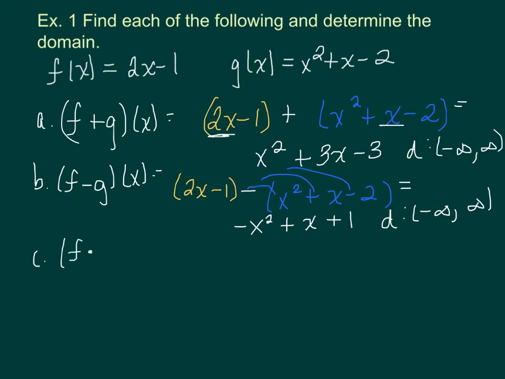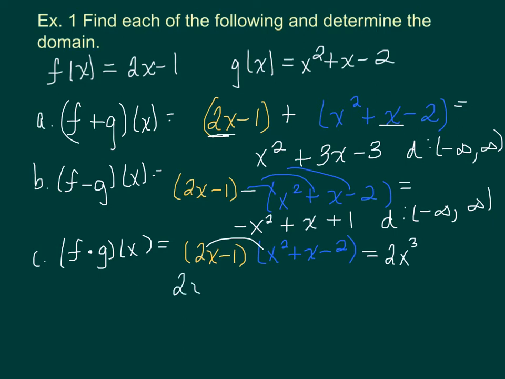Multiplication. I'm going to take 2x minus 1, and I'm going to multiply it by x squared plus x minus 2. So basically, I'm going to be distributing each term. So I have 2x times x squared, or 2x cubed. You write it underneath it. Then I'm going to do the 2x times the x, 2x squared.